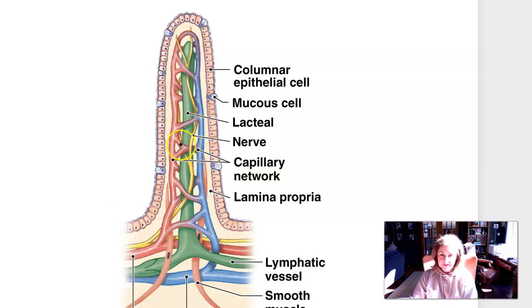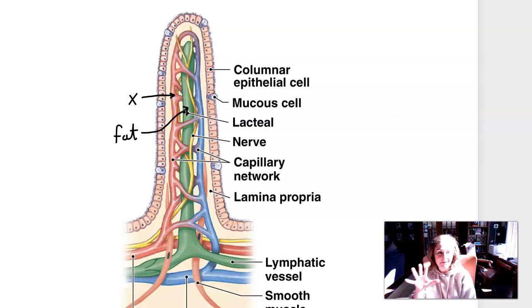Each villus has that, which makes sense because if you have a nutrient out here in the lumen, that nutrient is going to have to be absorbed through that simple columnar, and the nutrient is either going to enter into the blood, or, as we're going to see today, if that nutrient is fat, the fat is actually going to get absorbed into the lacteal. So sugar and protein get absorbed into the blood, fats get absorbed into the lacteal. I'll just set the stage with that, so we'll talk a lot more about that in this video.